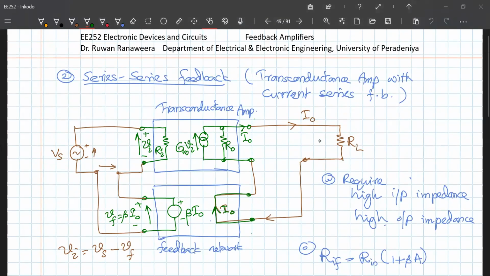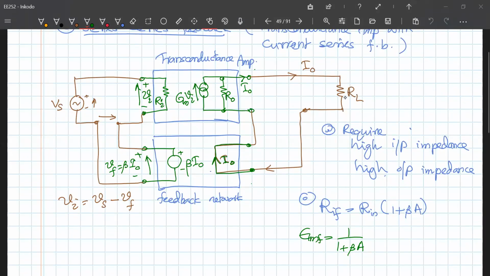So this basically was the series feedback topology that we talked about. What you have here in this blue box is the original transconductance amplifier without feedback, but we are going to provide negative feedback using the output current, because the transconductance output is a current.